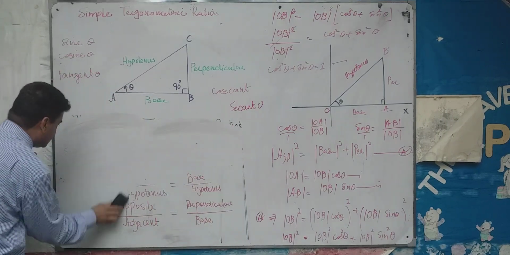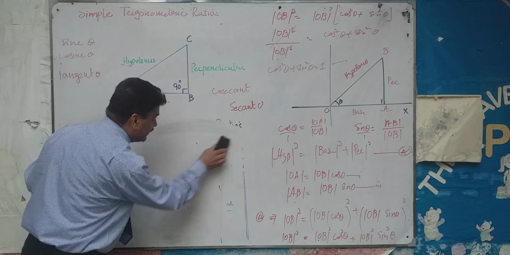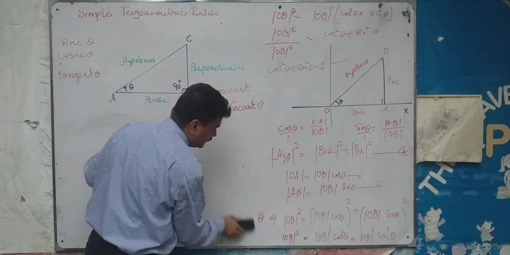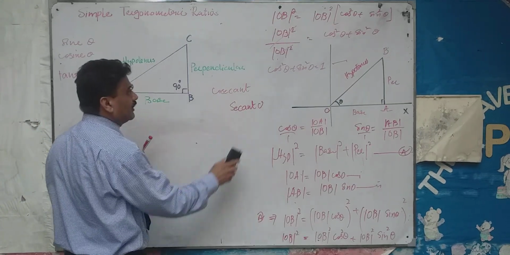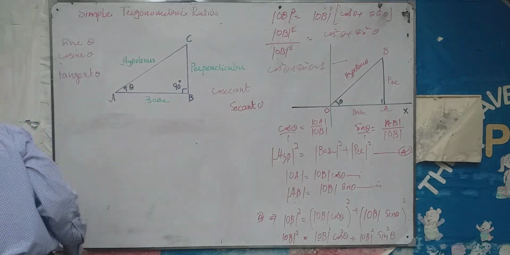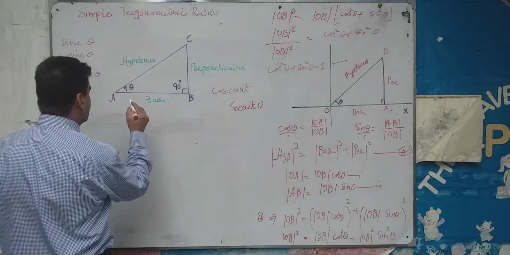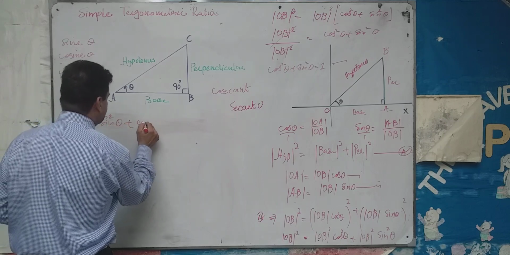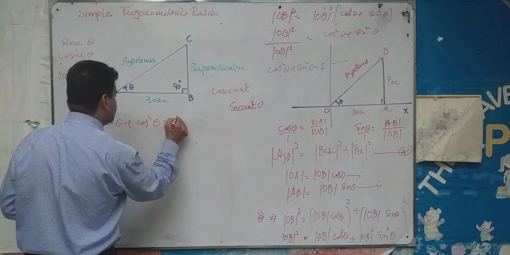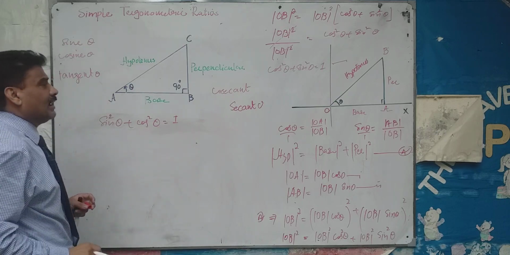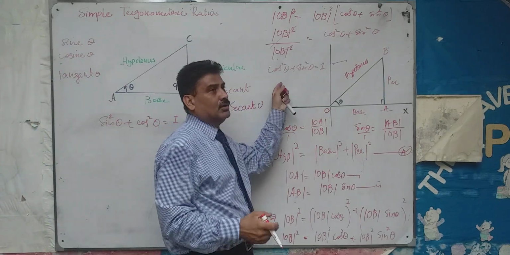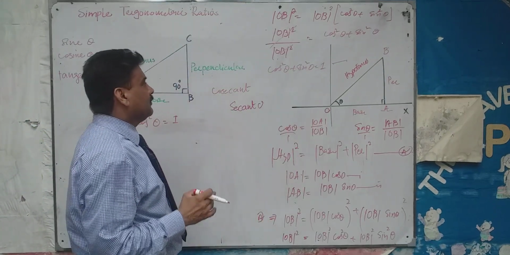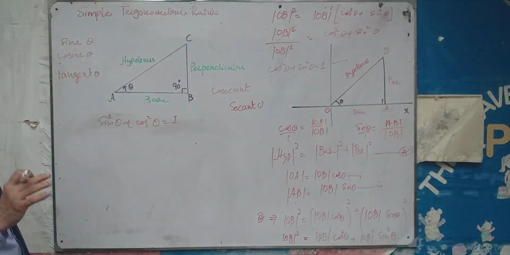Since cos squared theta plus sin squared theta, or sin squared theta plus cos squared theta, is equal to 1. From this identity, we make many other trigonometric identities.